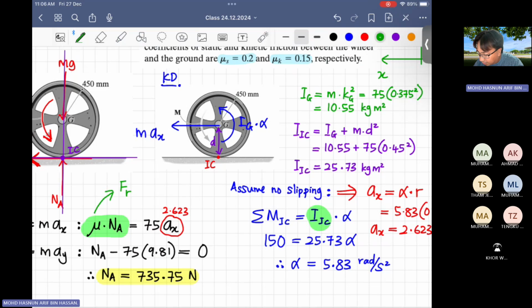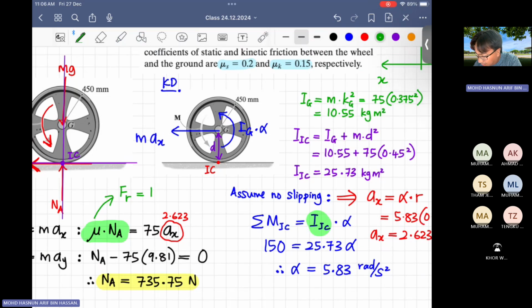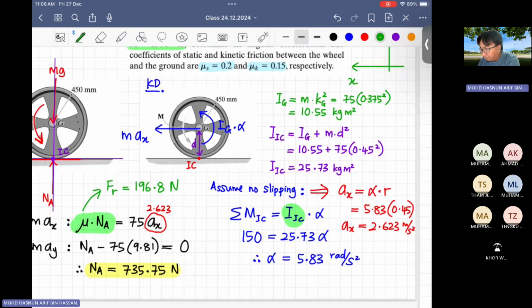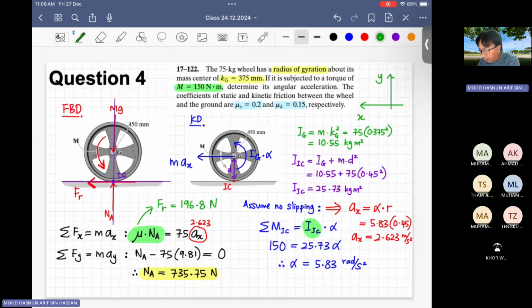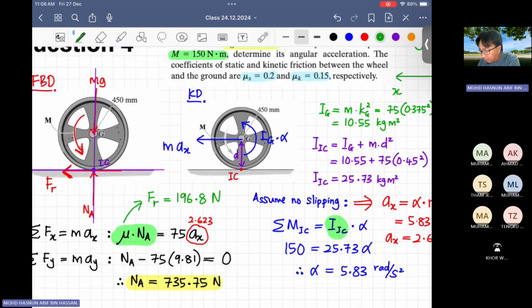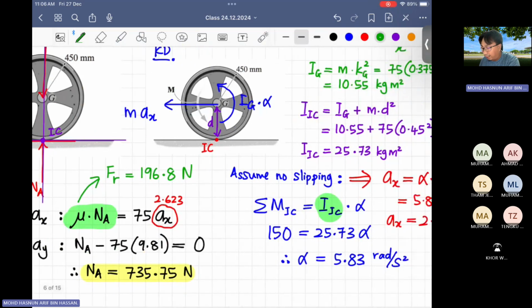Friction is then equal to 75 times 2.623, which is 196.8 Newton. So this is based on assuming that no slipping occurs. So to satisfy this equation, we need to check.